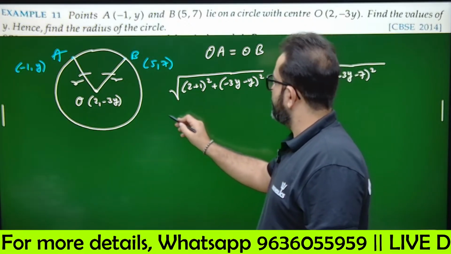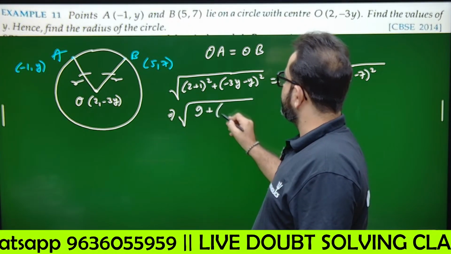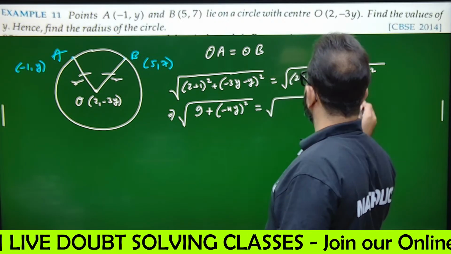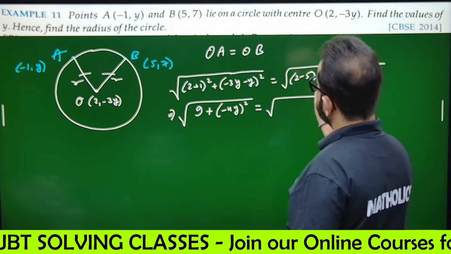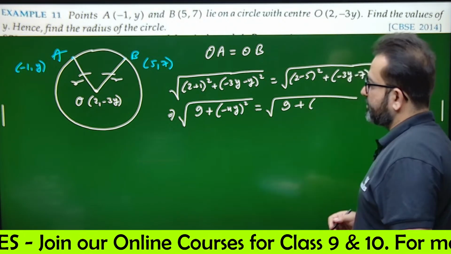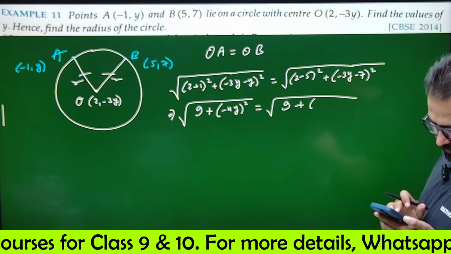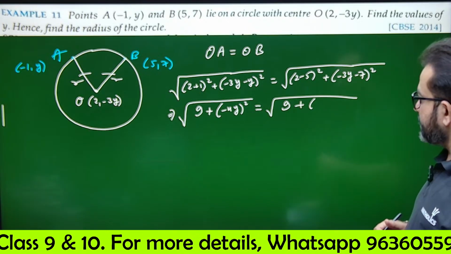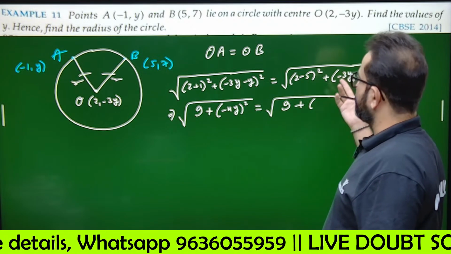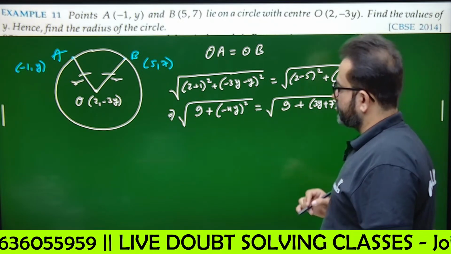Okay. So write under root of 3 square, that means 9, plus minus 4y whole square, equals under root of minus 3 whole square, that will be 9, plus minus 3y minus 7. I've told you in the earlier lectures also. Minus 3y minus 7, both are minus, so it will become positive: 3y plus 7 whole square.